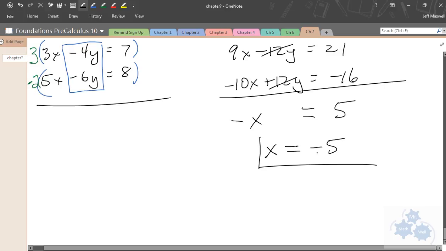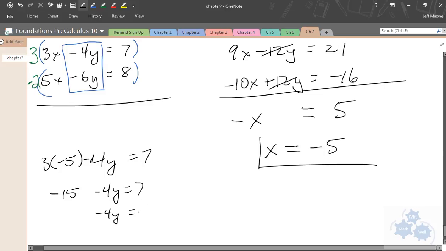Plug that negative 5 into one of the original equations. So I'm going to do 3 times negative 5 minus 4y equals 7. That's negative 15 minus 4y equals 7. Negative 4y equals 7 plus 15, 22.